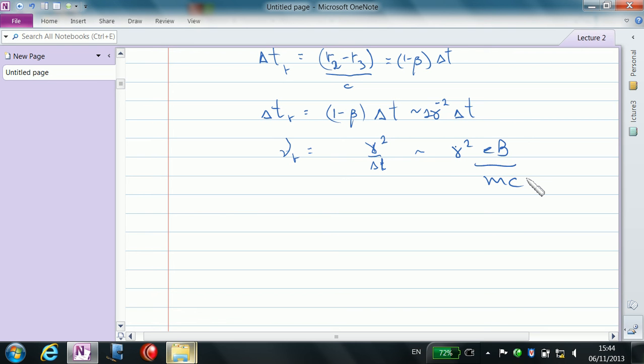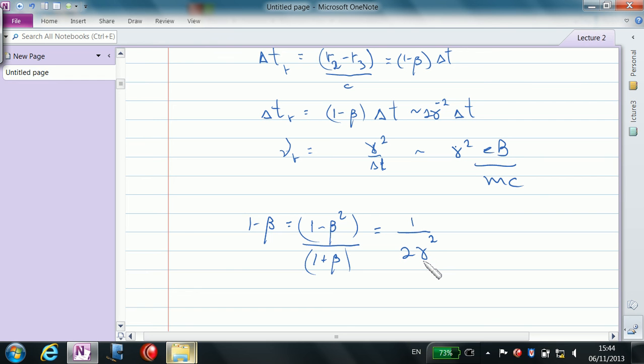It's because 1 minus beta is equal to 1 minus beta squared over 1 plus beta. It's 1 over 2 gamma squared. This gamma squared is 1 over this, so there's a 2 next to the gamma.